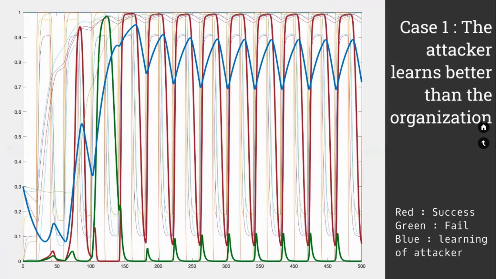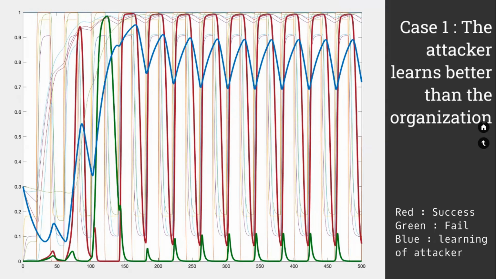If you look at the red curve, which again symbolizes the success of the attack, the green curve is fail, and the blue one is the learning process of the attacker. We can see that in the first 150 seconds, there is an alternation between the red and the green curves. This basically means that both parties are learning at the same time, the attacker and the organization.